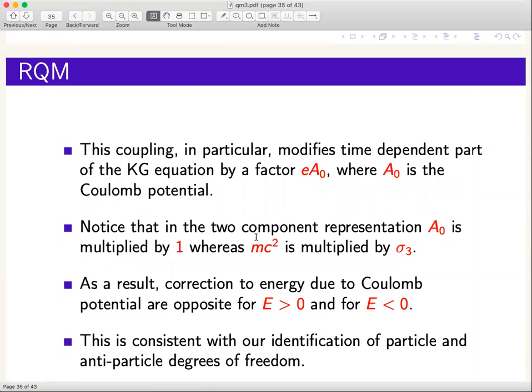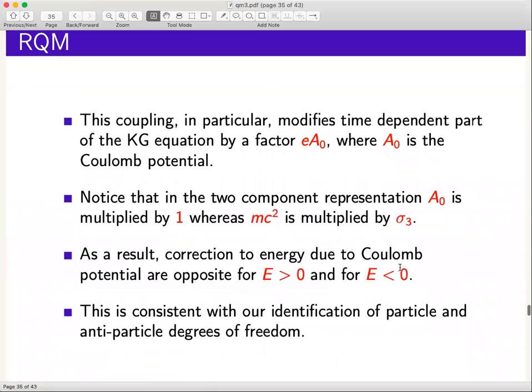I just wanted to comment here that in the two component formulation, A0 is multiplied by 1 and MC squared is multiplied by sigma 3. So what we find is that the Coulomb correction, which is generated by this A0 piece, because that is a Coulomb potential, is opposite for positive energy and negative energy states.